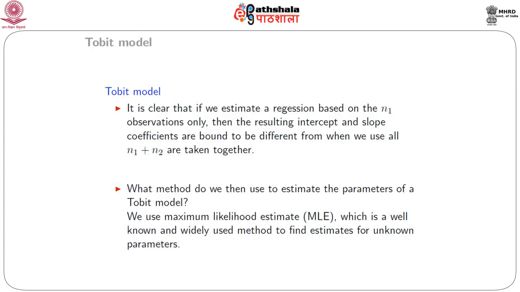Now, from the plot, it is clear to us that if we estimate a regression based on the n1 observations only, the resulting intercept and slope coefficients are bound to be different from when n1 and n2 are taken together. So, there is special care that needs to be taken when we wish to fit a Tobit model to a data set. Now, how would we want to estimate the parameters?